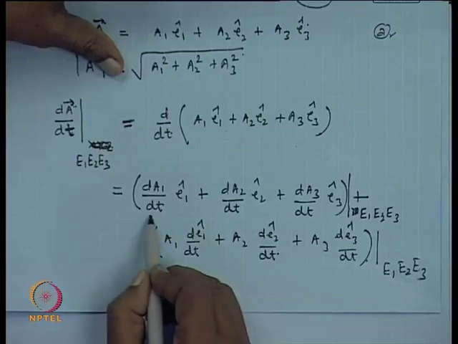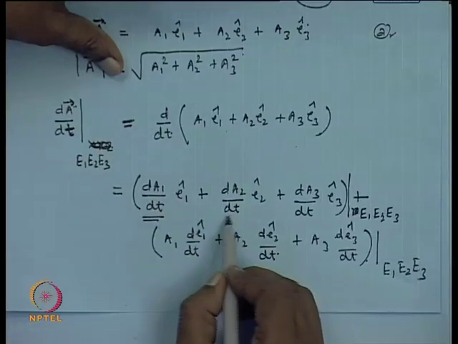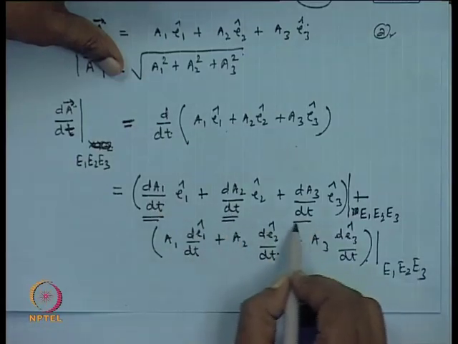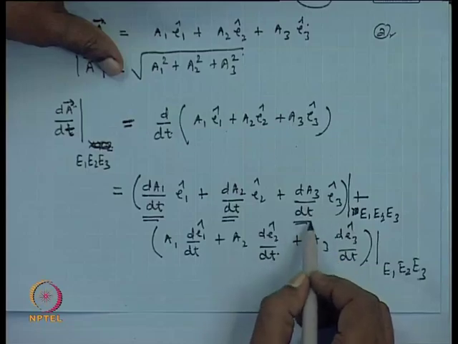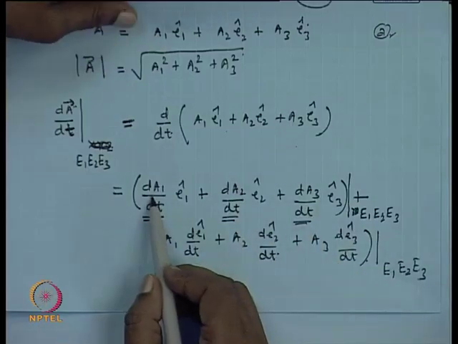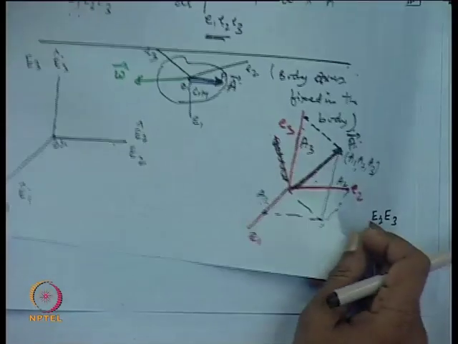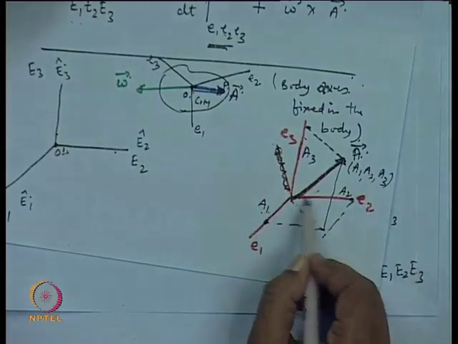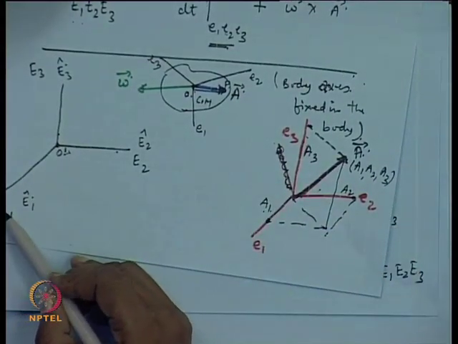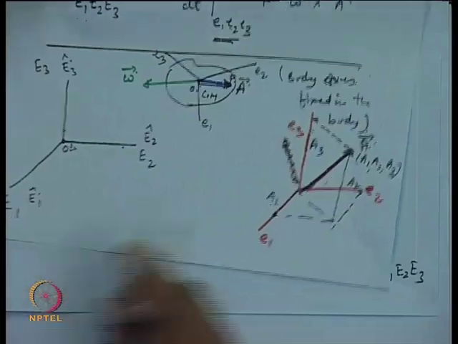Now, the quantities appearing here, dA1 by dt, dA2 by dt and dA3 by dt, are the rate of change of the components A1, A2 and A3 as seen from the reference frame E1, E2 and E3.